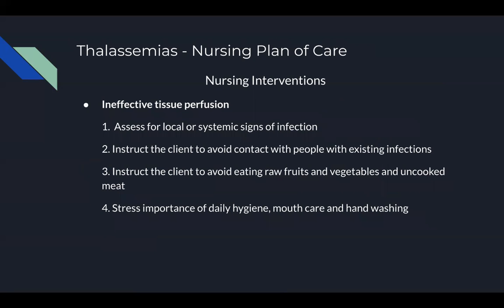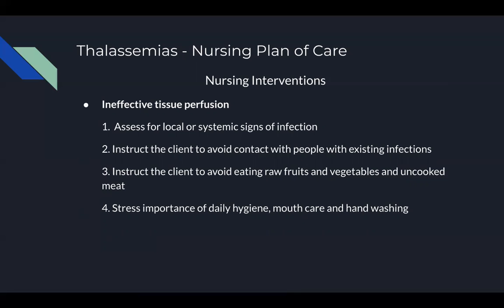Next one. And nursing intervention for ineffective tissue perfusion: assess for local or systemic signs of infection, instruct the patient to avoid contact with people who are already sick, and also instruct the patient to avoid eating raw food, like raw fruit, vegetables, or uncooked meat.